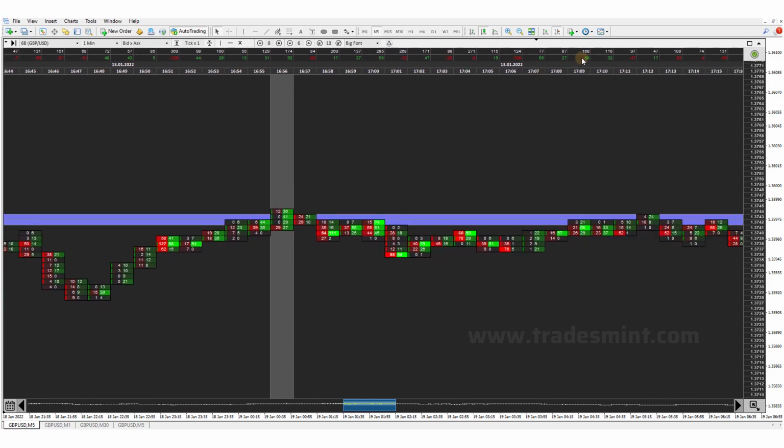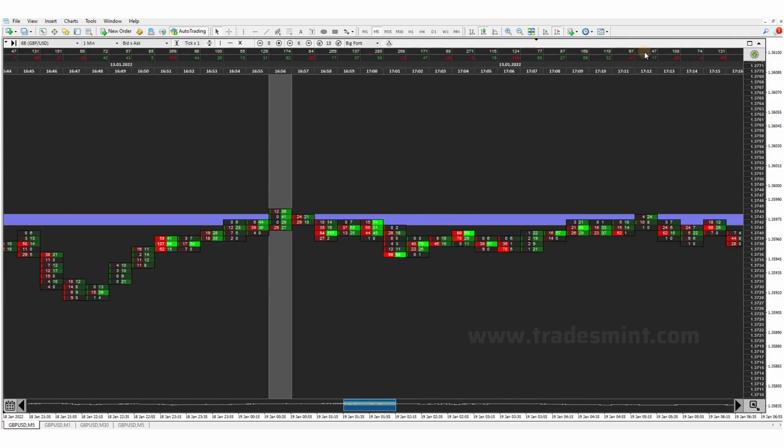It was 168 while retesting, 110 going down, 97 and 47. Perfect, right? The volume was decreasing. As I hope you remember from the intermediate part of the course, decreasing volume on some area, or smaller supply or anywhere, means a big probability of not breaking this price level. So it is safe, yes.